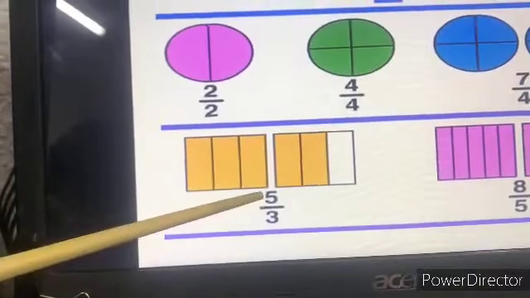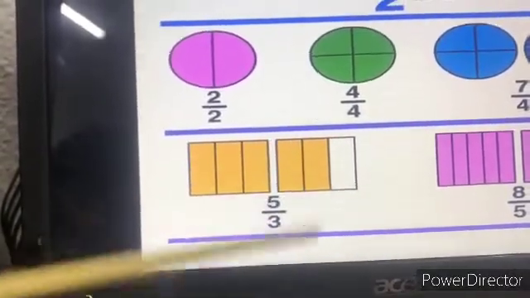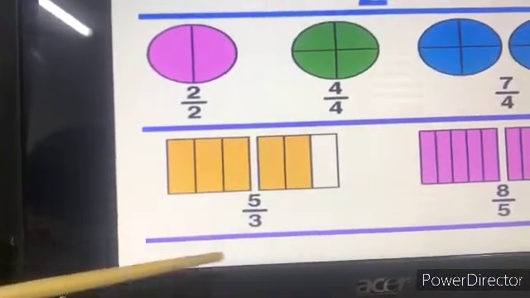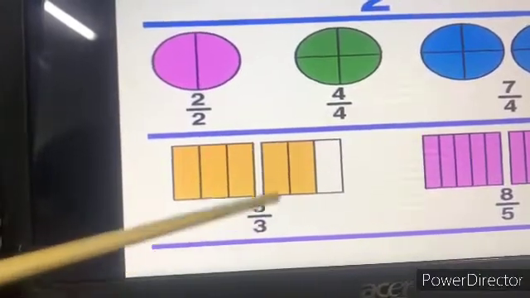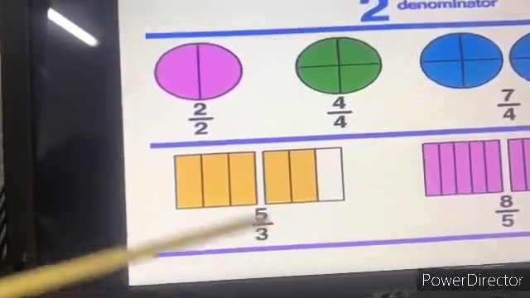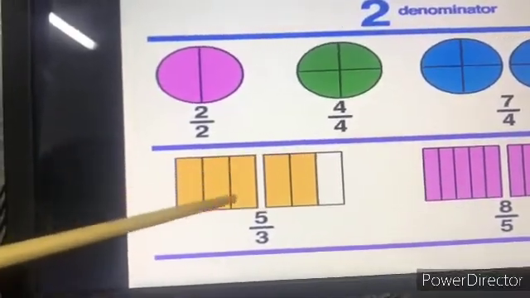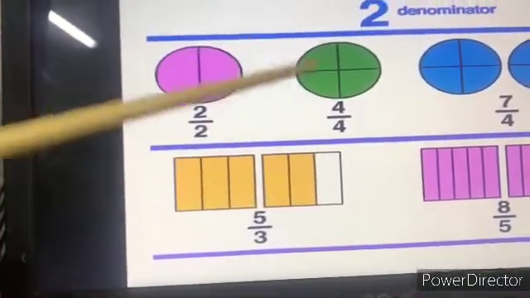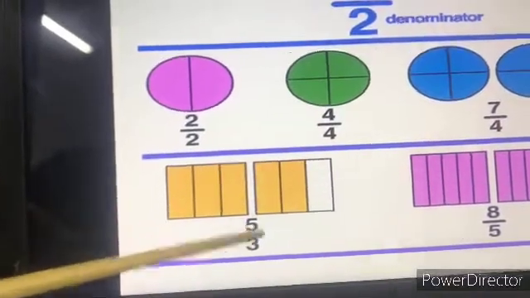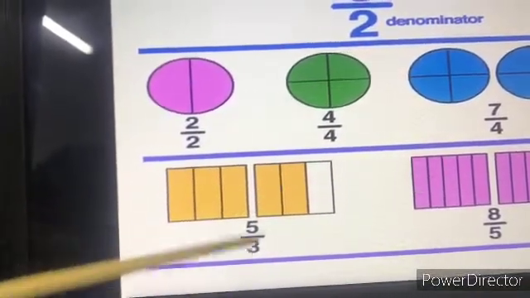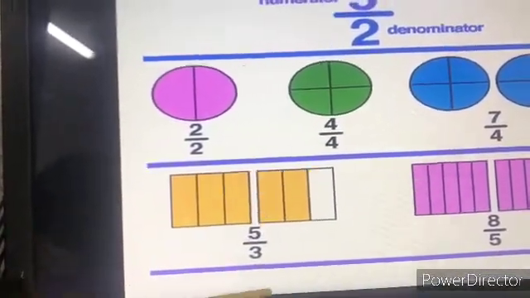How can you take 5 parts from 3? You simply can't. So, it means you have 2 wholes which are divided into 3 equal parts. From where you took these 5 and it becomes 5 by 3.